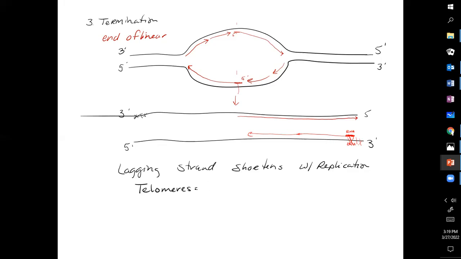These are multiple copies. Now that could be 100, 150, even up to 200 copies of short, again, 5 to 7 base pair short DNA repeats.